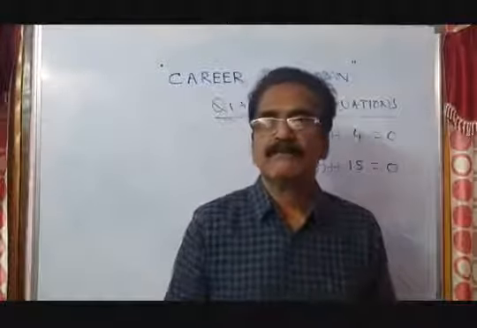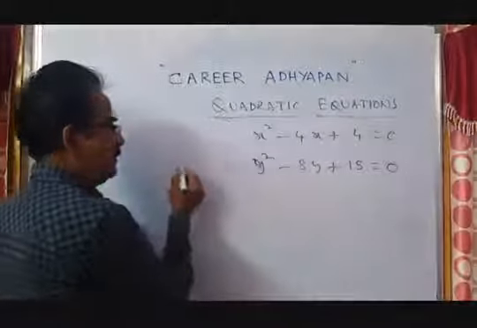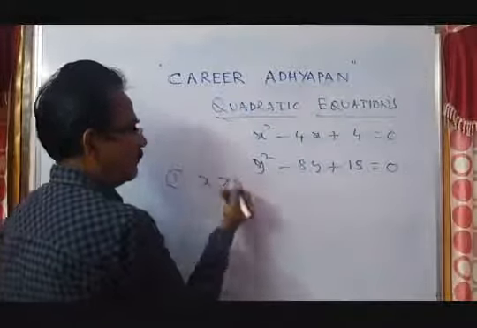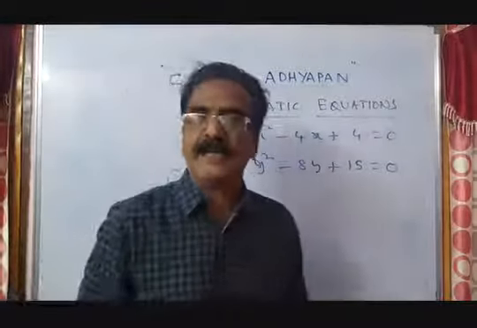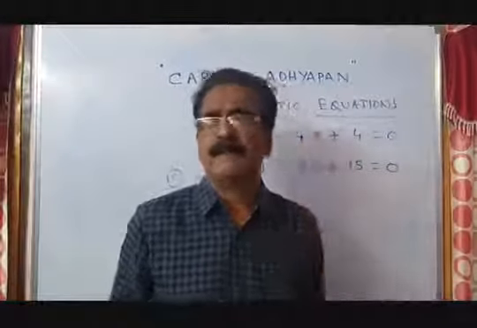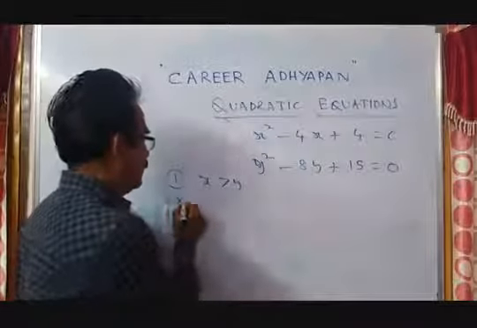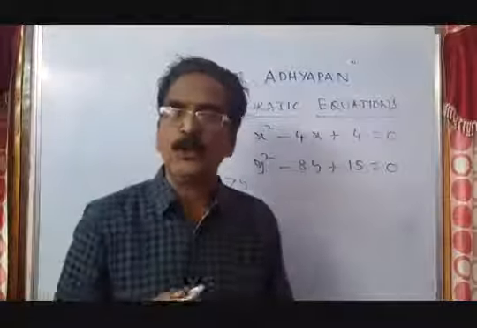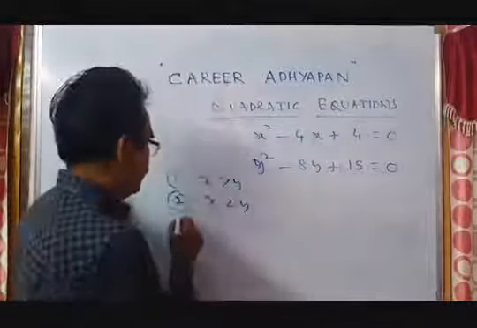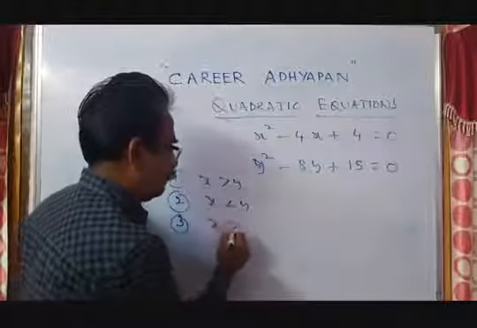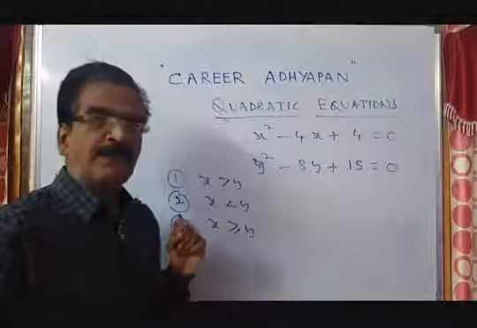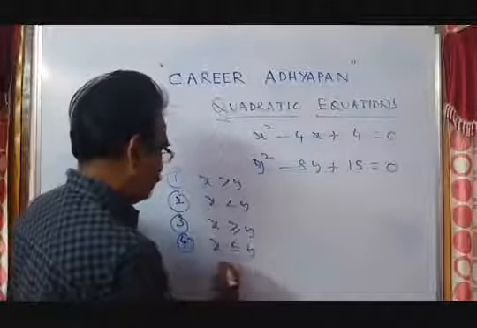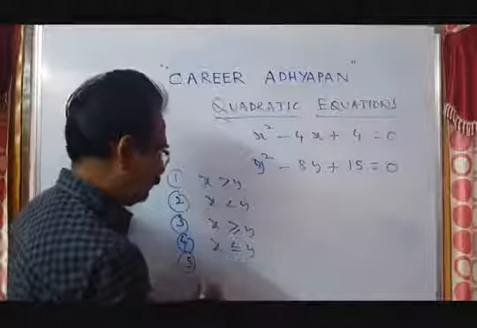Your first option is like this. If x is greater than y, your option is 1. If x is less than y, your option is 2. If x is greater than or equal to y, option 3. If x is less than or equal to y, option 4.